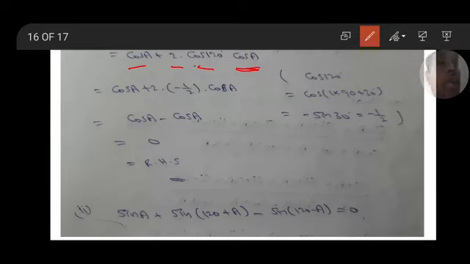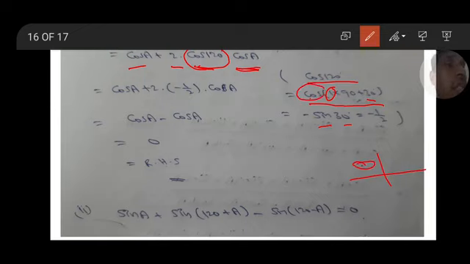And what about this cos 120 value? Cos 120 can be written as cos of 1 into 90 plus 30. 1 means odd, odd means cos becomes sin 30 degrees, and 90 plus means it is in the second quadrant. In the second quadrant cos is negative, therefore minus sin 30.